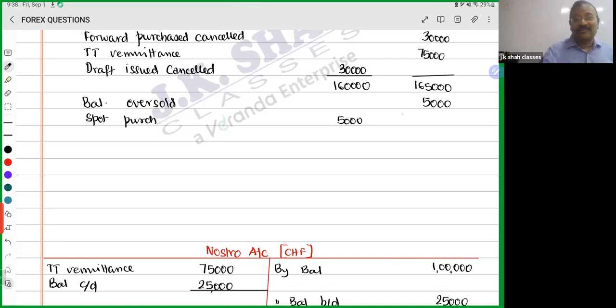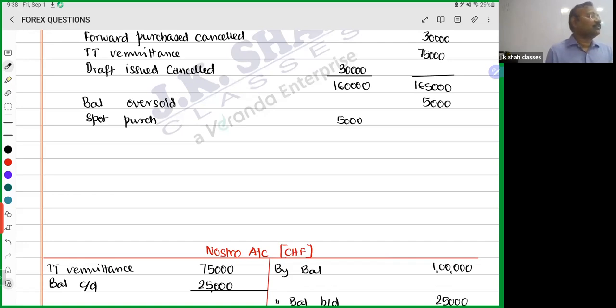Now understand, right now this balance is squared off. Right? But what is the balance you are required to maintain? Overbought. So you will have to enter into a buy contract. Overbought. So spot or forward? Why not spot? Exactly. Which means moral of the story is, when you are preparing this Nostro and Vostro, which is the first account you will balance and achieve the target?